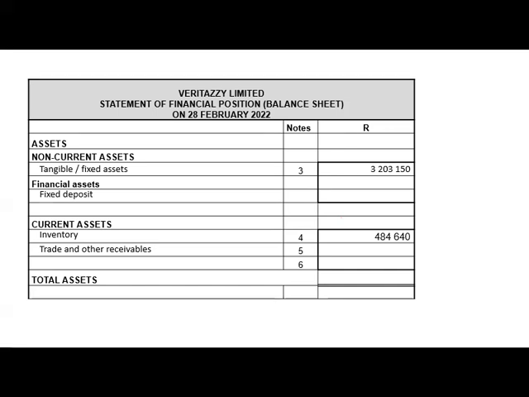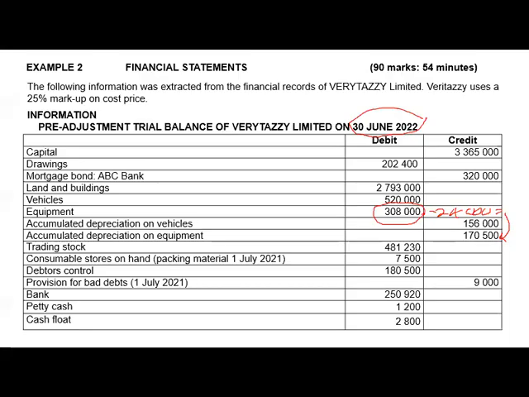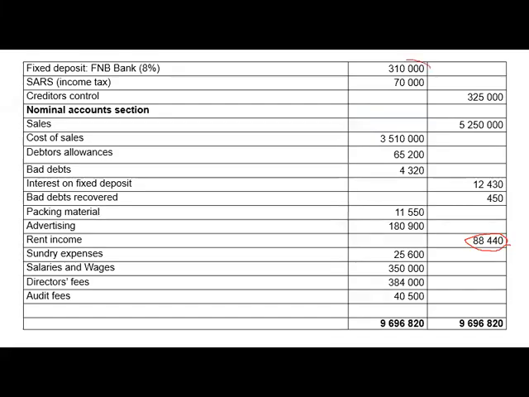Okay. And before I finish off trade and other receivables, because we dealt with a fixed deposit earlier on, I just want to also record my fixed deposit, which was 310,000. So that 310,000 for fixed deposit, I'm going to record it under financial assets, under non-current assets.